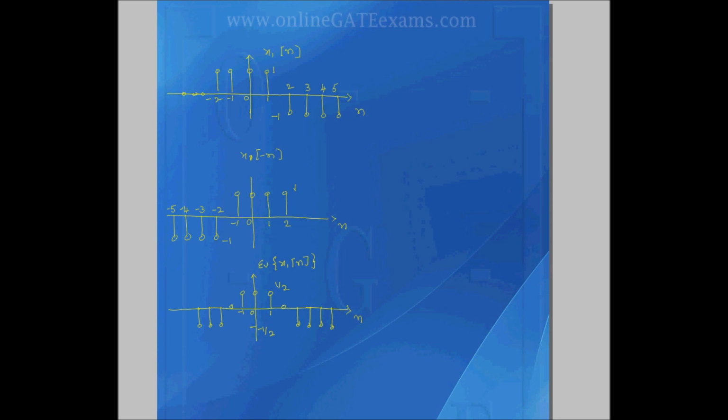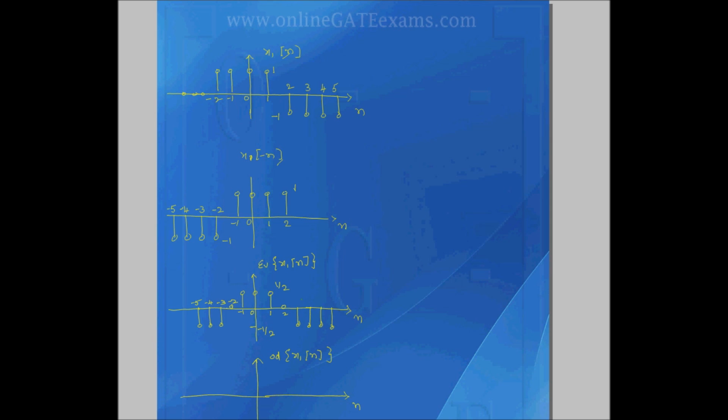Similarly, what will be the odd part of x1 of n? How do we get that? It is x1 of n minus x1 of minus n, divided by 2. So how does the plot of that look? Okay, so this is our odd part of x1 of n. So let's write minus 2, minus 3, minus 4 and minus 5.